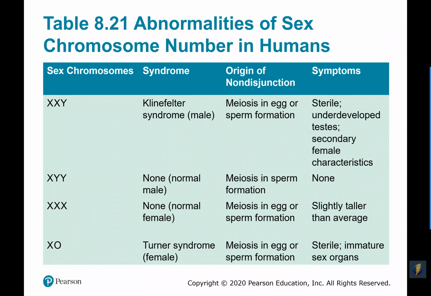So you can see, depending on where the disjunction occurs, sometimes you might be pretty normal, sometimes you might not be normal, sometimes there might be just slight variations. It's kind of an interesting thing that happens when you get an extra sex chromosome.